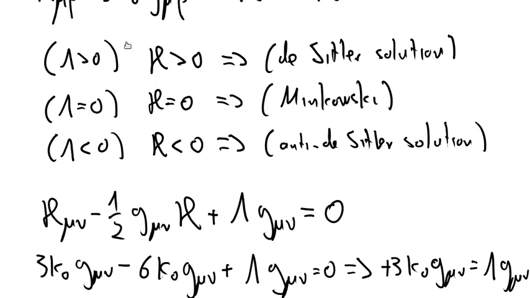We have already studied Minkowski in the previous lecture, and now in this lecture we are going to study de Sitter solution and anti-de Sitter solution. Right, so let us start with de Sitter solution.